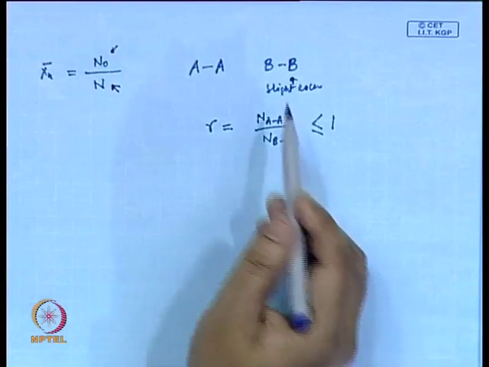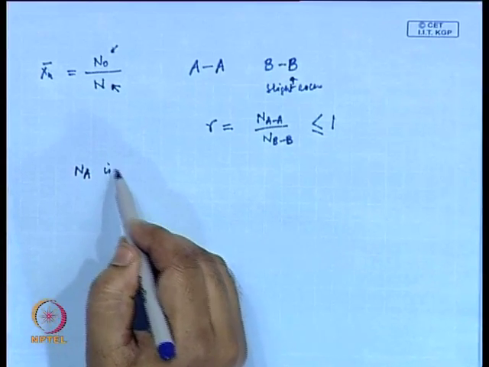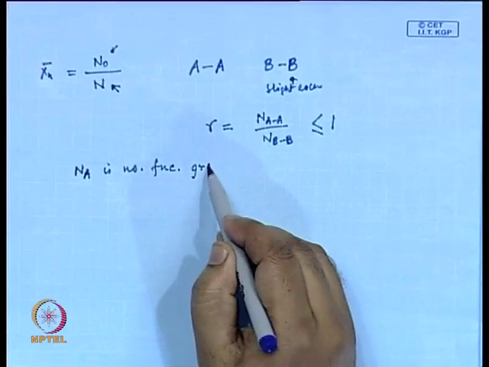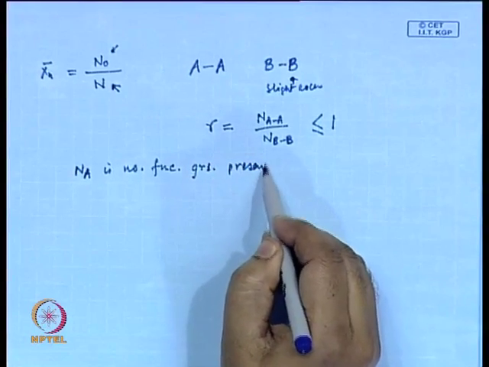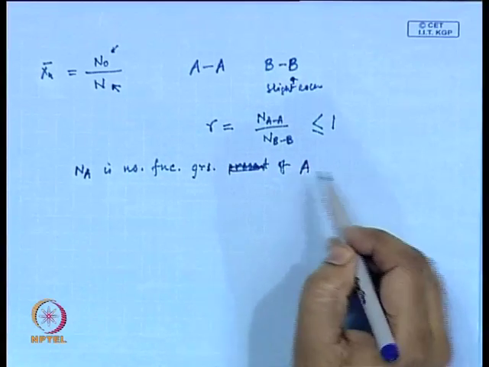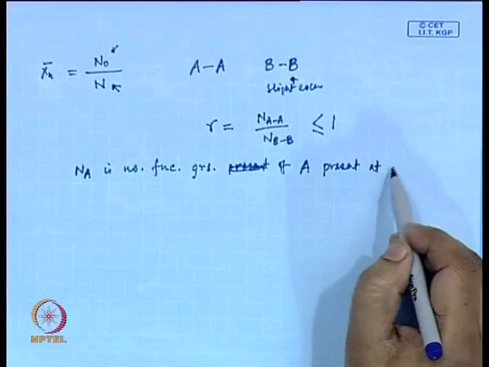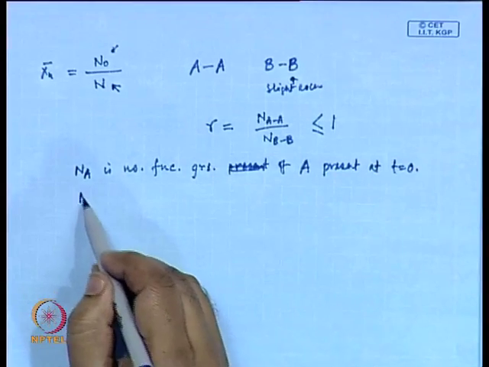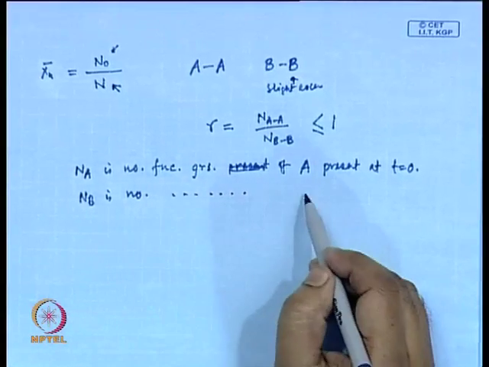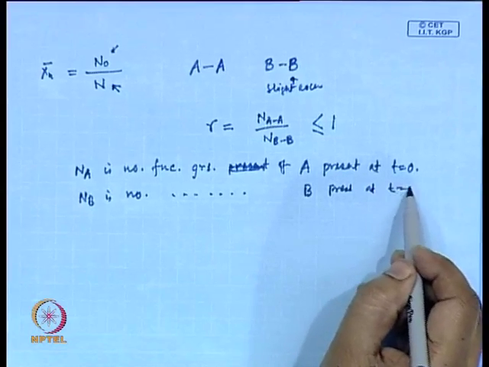So, to find the molecular weight or degree of polymerization, we have to find N0 and N. Now, let Na be the number of functional groups of A present at the beginning, at t equal to 0, and Nb the number of functional groups of B present at t equal to 0.